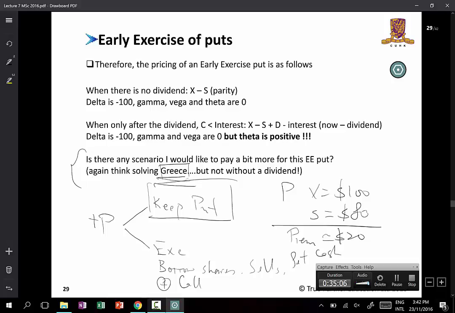Okay, and as the share price goes up and down a little bit, let's say up to 81 or down to 79, then accordingly the premium would become 19 or 21. So it looks and trades almost like a linear instrument.